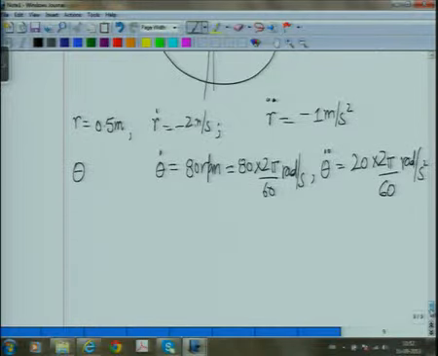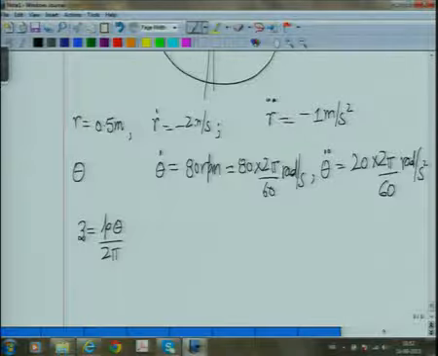Okay. Now Z is the distance this is coming out. What is Z? Z is equal to pitch into theta upon 2 pi, because when theta is equal to 2 pi, it comes out by 1 pitch. Okay.